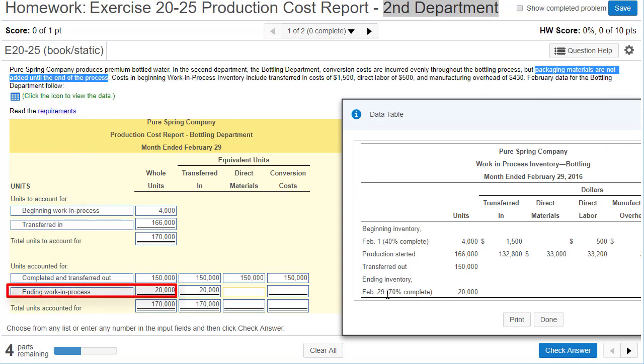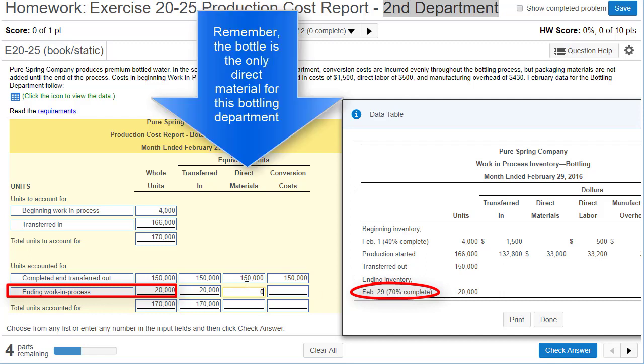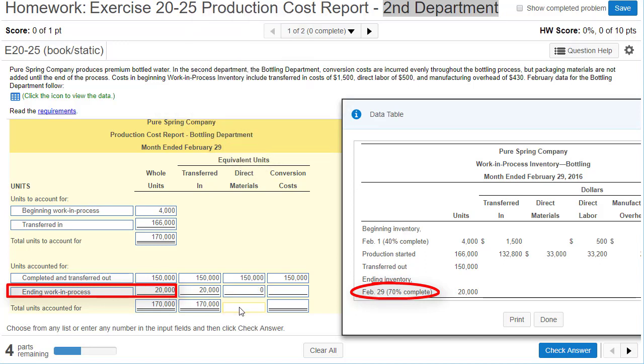So these units, the ending inventory, are only 70% complete. They are not at the end. Because they're 70% complete, that means they are not in the bottles. So the percentage is 0. 0% of 20,000 is 0. So we've got 150,000 units to account for.